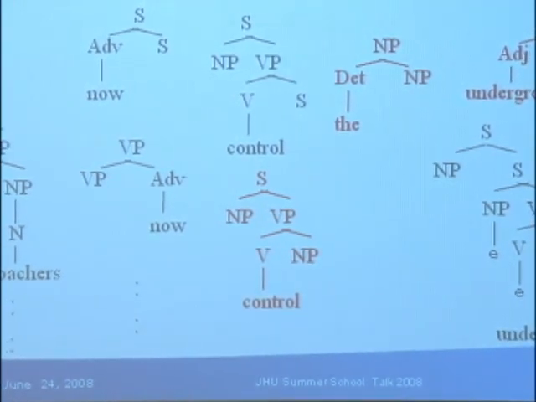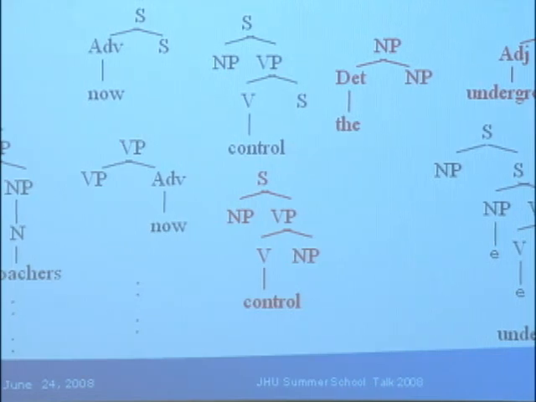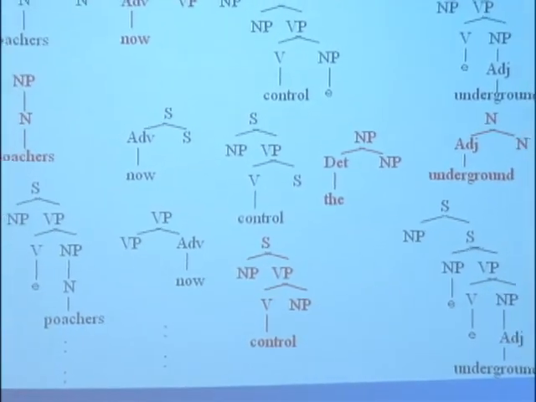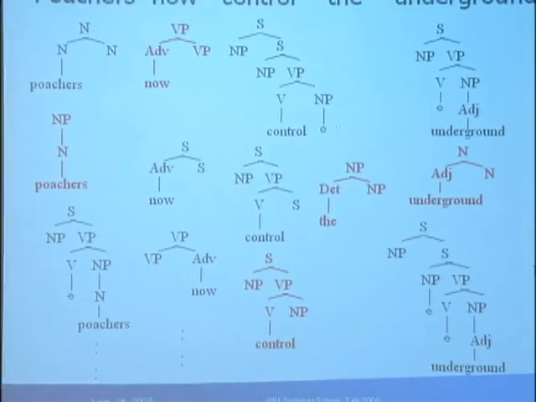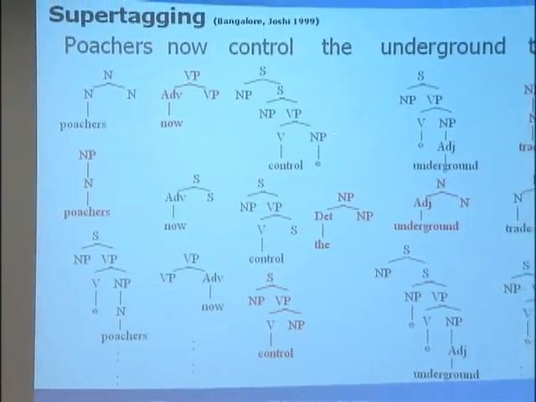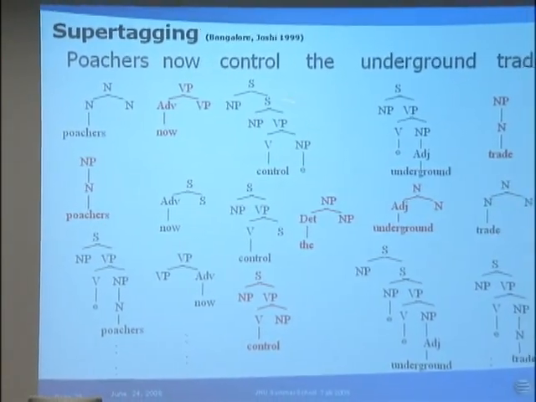Did you get that? So not only do I say that the word control is a verb, but I'm saying that it's also a transitive verb, and in English it so happens that it could take a clause on the right as well. So I make up another tag for that context as well. And when you have a relative clause, I won't go into the details of the analysis, there is yet another tag.